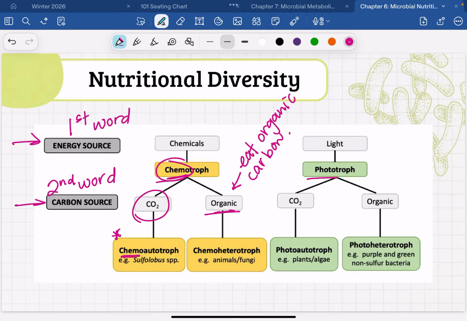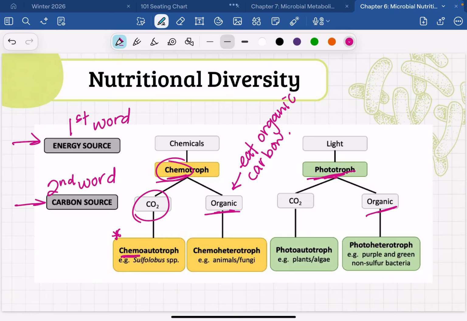And then the same thing goes for the light ones. So if they get their energy from light, but they produce their own carbon from carbon dioxide, they're photoautotrophs. And if they get their energy from light, but they have to consume organic carbon from another organism, they are photoheterotrophs. So we have 4 different categories.